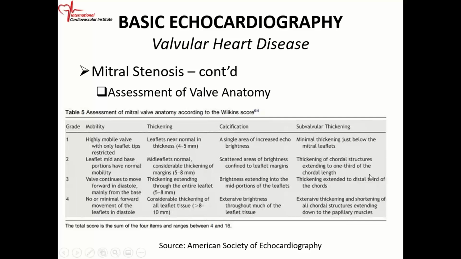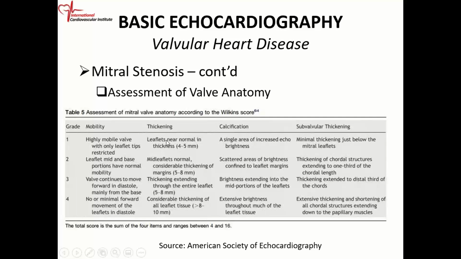For the suitability for that procedure, we look at the mobility of the leaflet. Okay, if the leaflets are highly mobile, they get a score of 1. If they're very restricted with minimal forward movement, 4. You look also at the thickening of the valve.